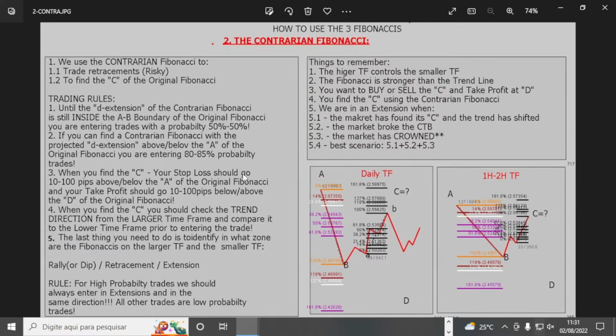Even if we are lucky with one trade, we are going to continue to do this stupid thing, another trade, and sure enough, there is going to be a trade with the Fibonacci, and it's going to be a losing trade.